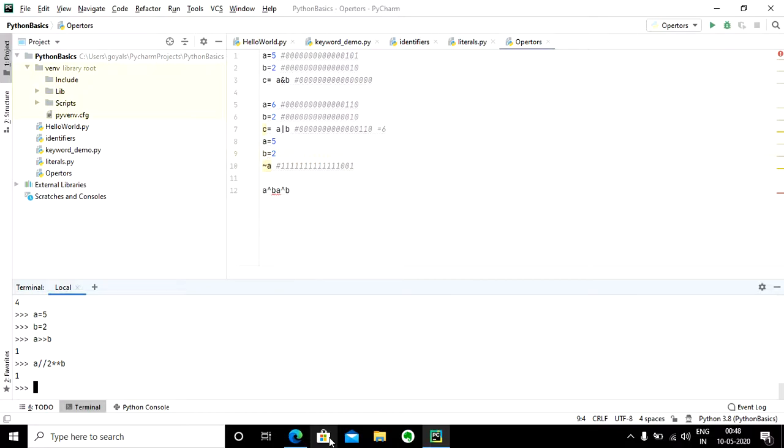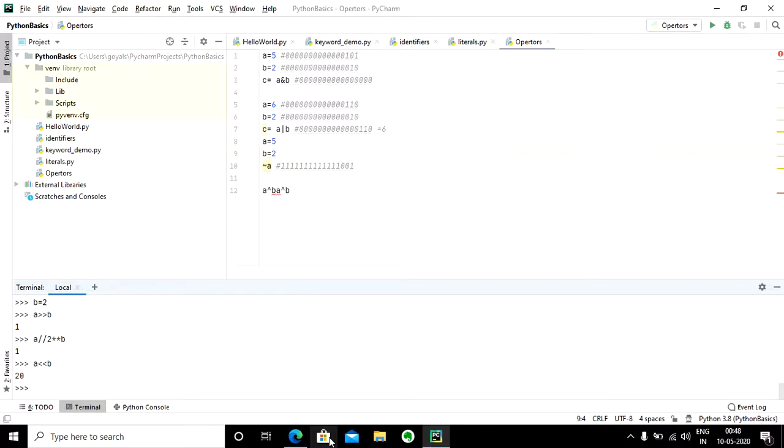Similarly, if I want to perform left shift, the values from the left would get dropped and the bits would get shifted from right to left. If I want to calculate A left shift B, that would give 20. Why is it 20?